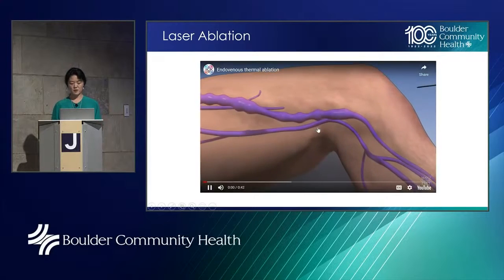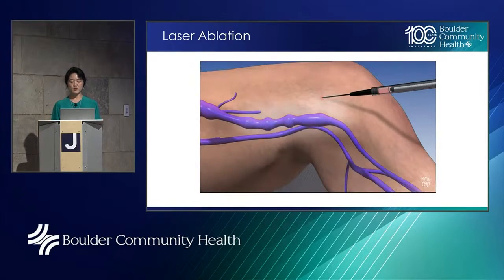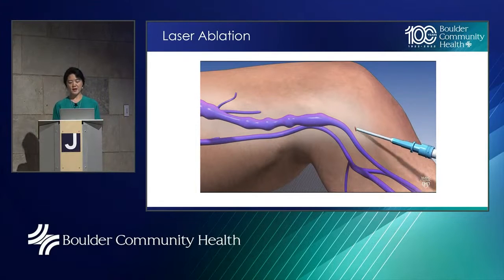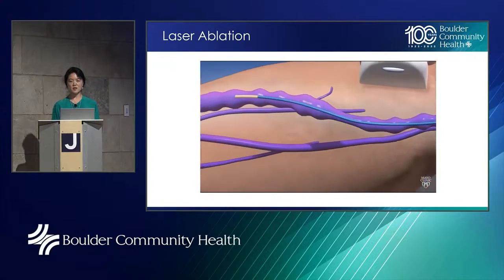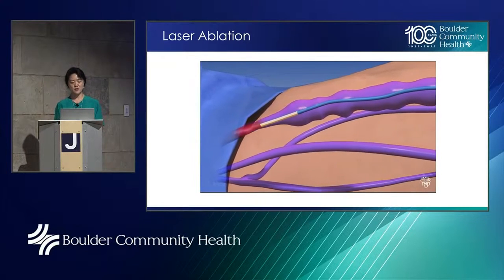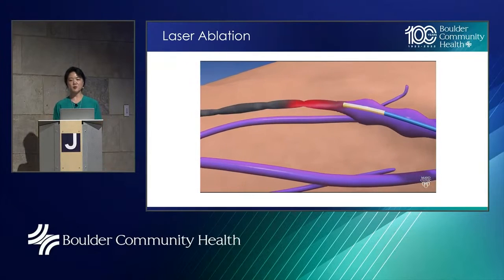So here's what happens. This needle is showing you administration of tumescent anesthesia, which surrounds the vein. And then you have a little skin nick that inserts a catheter, which then helps insert the laser. And then everything is guided to where it needs to go. Then the laser is turned on and pulled back.